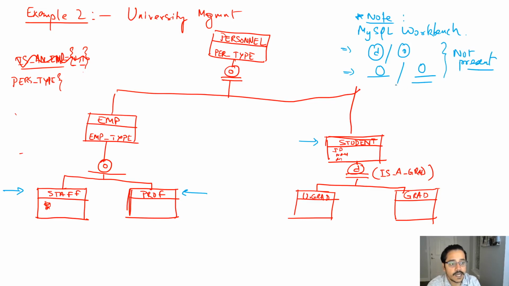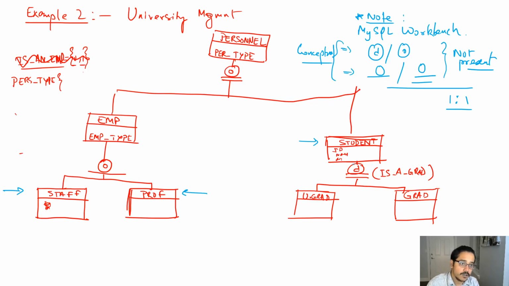Okay, and the reason behind that is Workbench, as you remember, we have talked about this, is going to convert the design directly into code. So these representations are essentially conceptual for our understanding. But in Workbench, this will be directly implemented as a 1:1 relationship. Okay, but conceptually, you have to remember what the differences are in the relationship or association of subtypes and supertypes and how they are participating with each other.